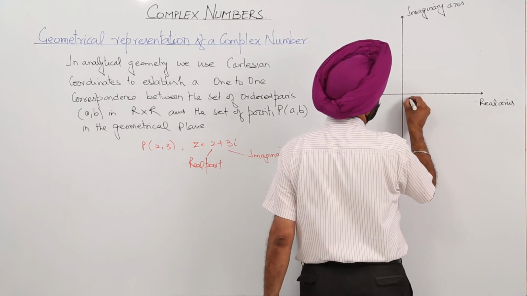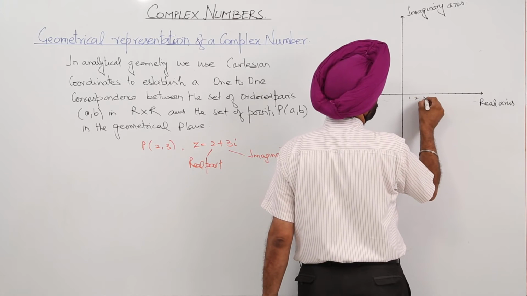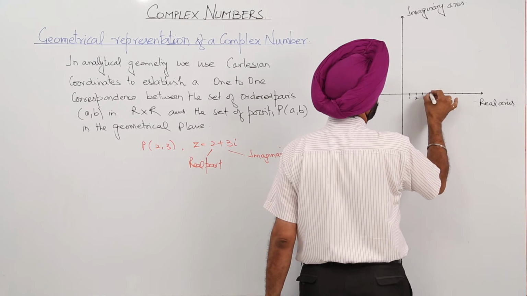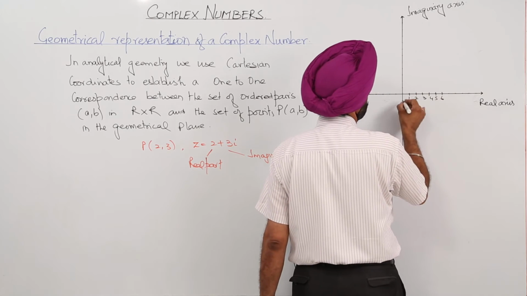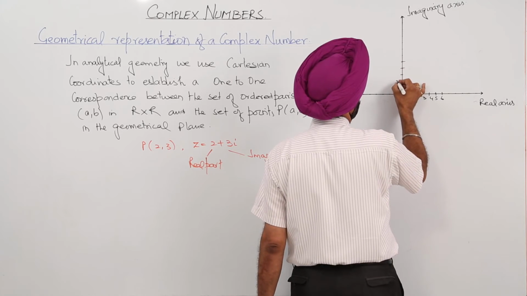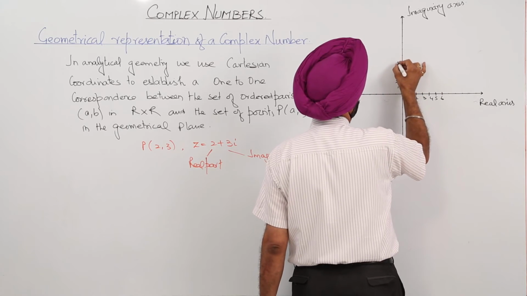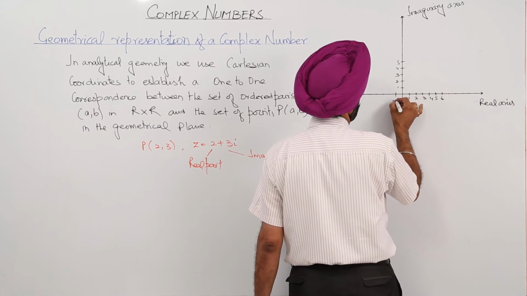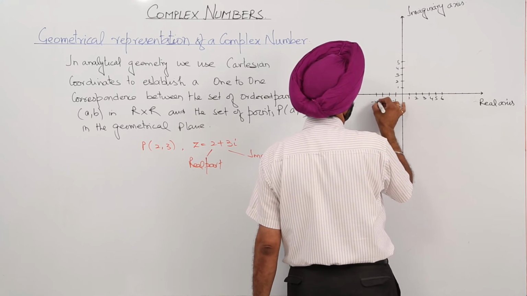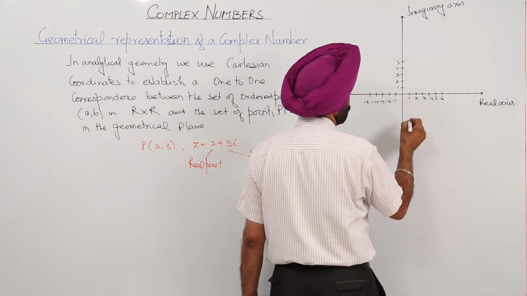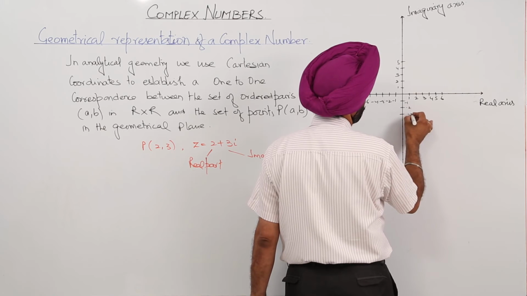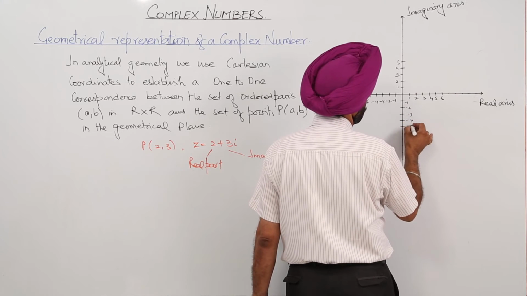Now suppose we have numbers 1, 2, 3, 4, 5, 6 like this. Similarly this side 1, 2, 3, 4, 5. Now negative 1, negative 2, negative 3, negative 4, negative 5, and similarly on this side negative 1, negative 2, negative 3, negative 4, negative 5.